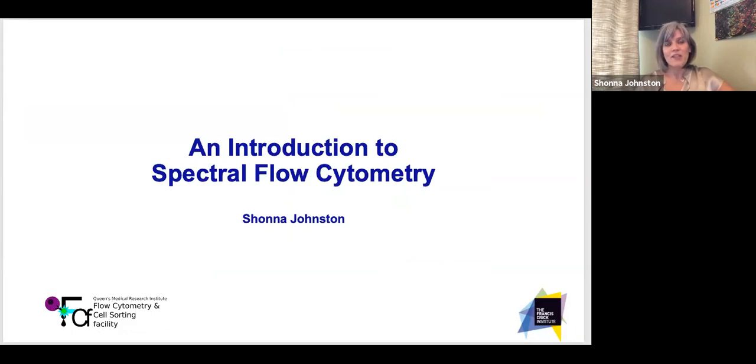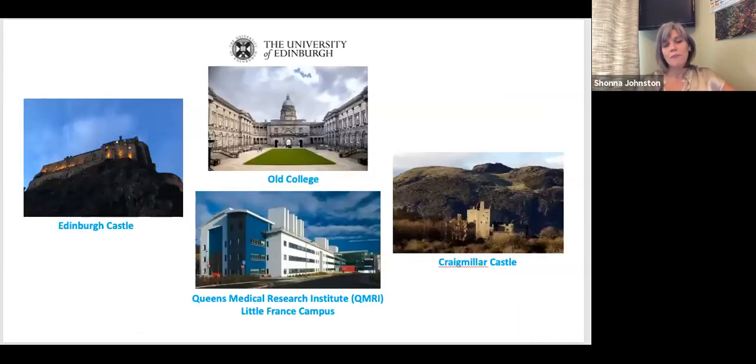So I'm going to give a bit of an introduction to spectral flow cytometry and the experiences that we've had in my facility. Because travel is restricted just now, I thought I'd give you a wee introduction to my hometown, which is Edinburgh. The picture here of Edinburgh Castle is one that I took towards the end of last year. And obviously that's what everybody knows about Edinburgh, a big castle sitting on the top of a hill in the centre of town. But the University of Edinburgh is obviously quite an old university, and we have the Old College, which is situated in the centre of town.